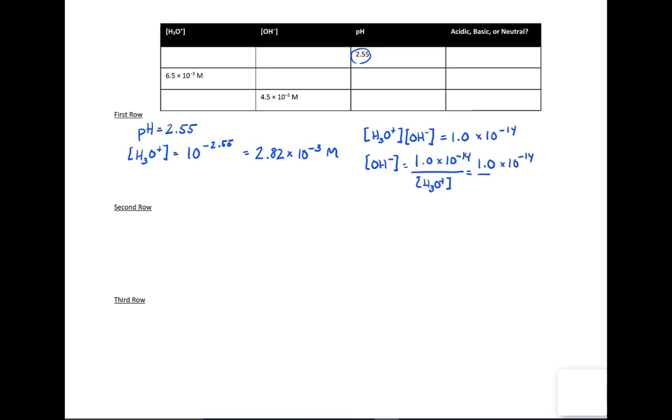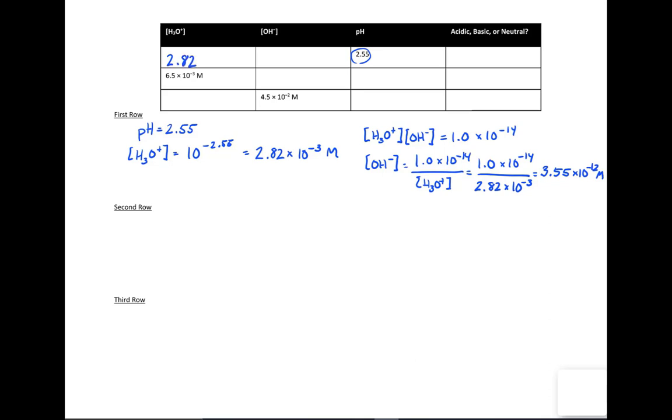We substitute in the value we just found for the hydronium ion concentration and solve, giving us a solution of 3.55 times 10 to the minus 12 molar.